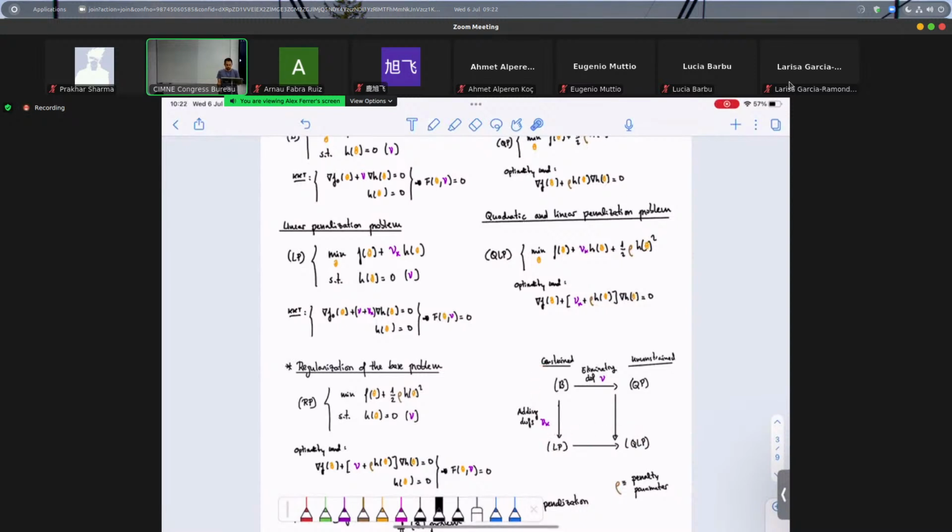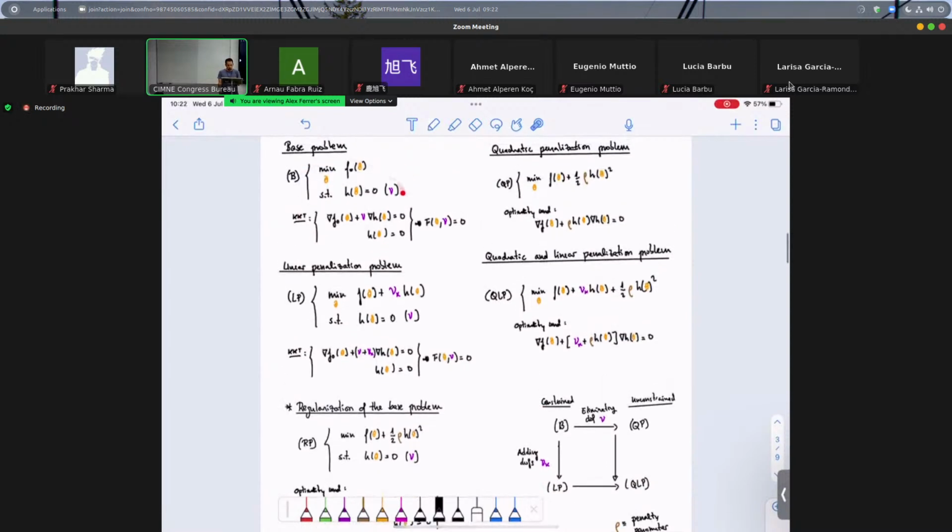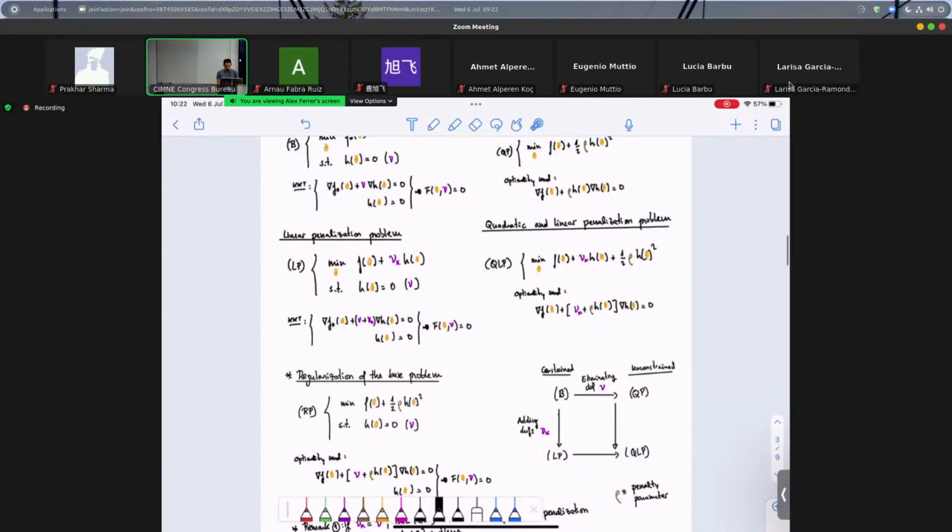So you are in the same position as you were. Okay. So this is a little the intuition of why you didn't change your problem, in terms of unknowns, when you move from B to QLP. You have eliminated but then added, or you have added and then eliminated.